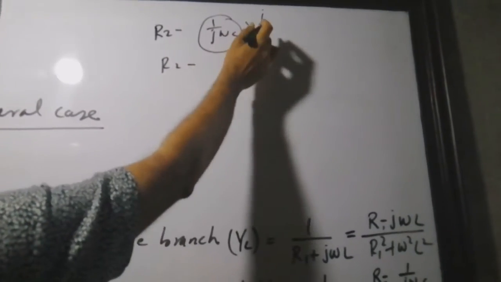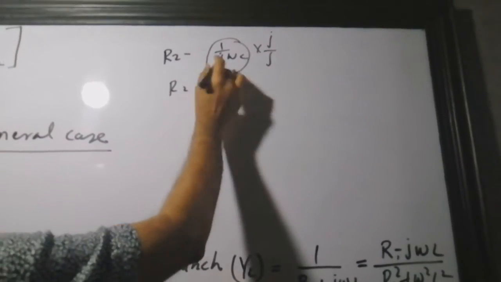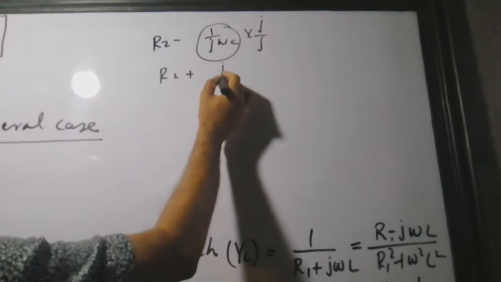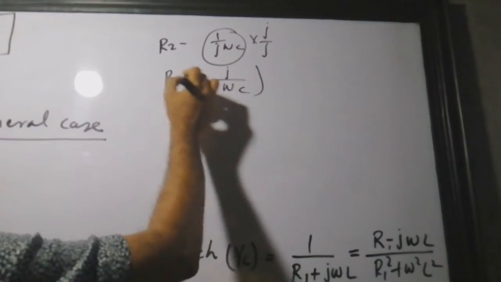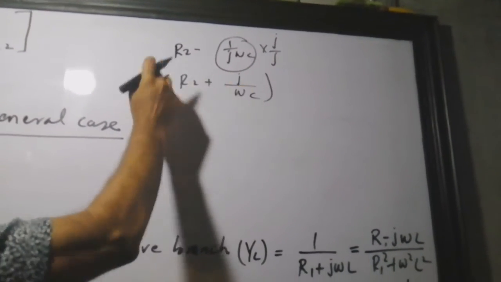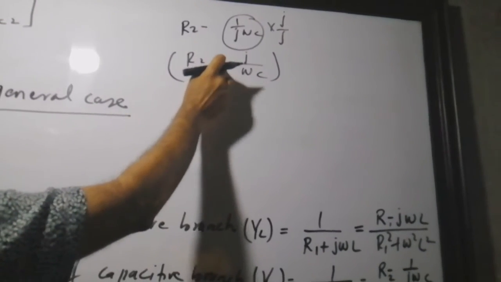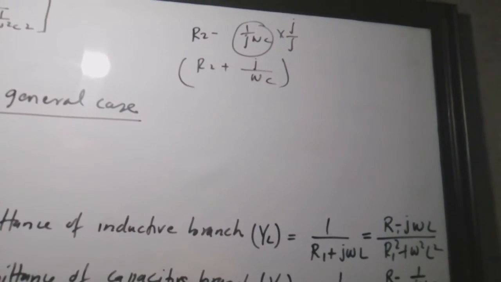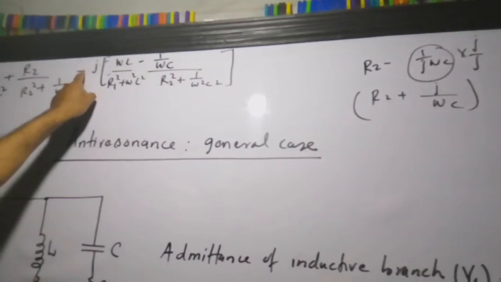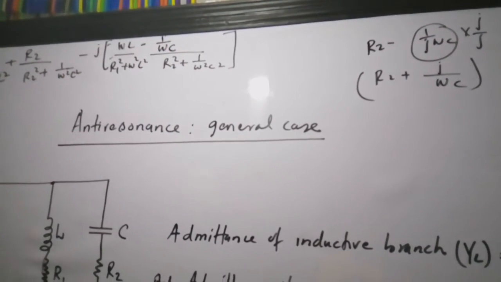R2 minus j, and this j square is minus 1, that becomes plus, and so we get a j omega C term. And again if you take minus j common, then this term becomes minus j by omega C, and j is taken common, and so this term is the L.